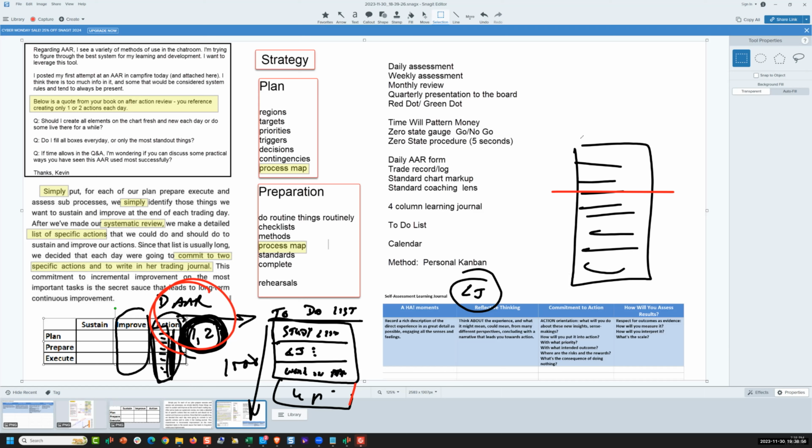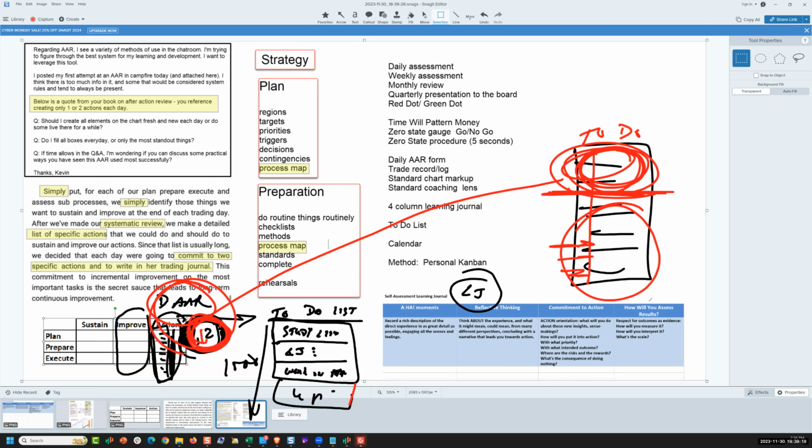All of those things on the to-do list have a priority, and then there's some cutoff line of some reasonable amount of things that I can do. But I always make sure that the 1 or 2 things that are going to come from my daily AAR are in that actionable set of things that I must do tomorrow. And the other ones just find their place on the master priority list.